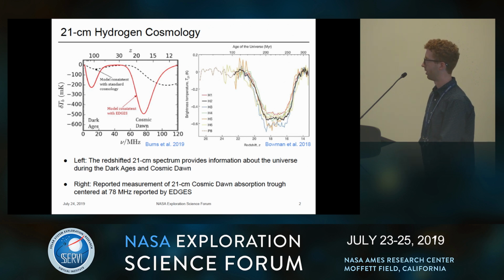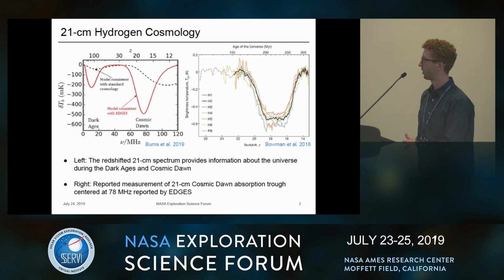As Steve went into, just last year, the EDGES team published the first ever detection of the cosmic dawn absorption trough. And like he said, this caused quite a stir within the community because the characteristics of this absorption trough were quite different than those predicted by the standard cosmological model as we understood it previously.